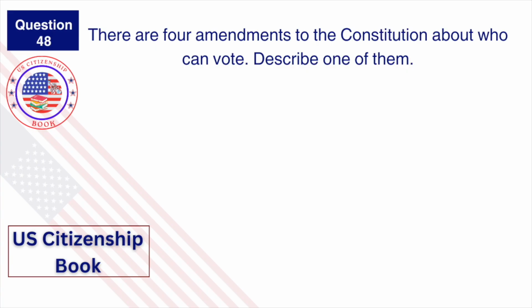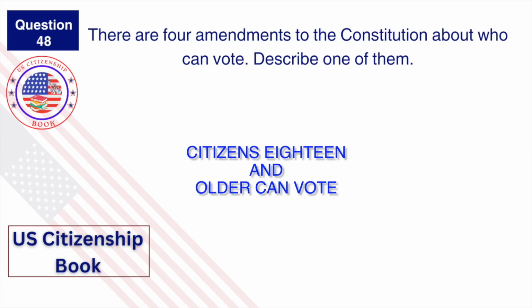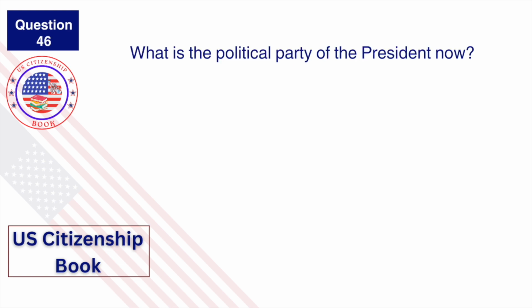There are 4 amendments to the Constitution about who can vote. Describe one of them. Citizens 18 and older can vote. What is the political party of the president now?